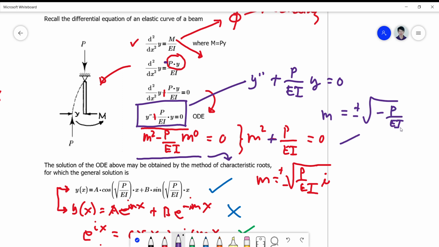In order for us to get the square root of a negative number, it is equal to the square root of the number multiplied by i squared.